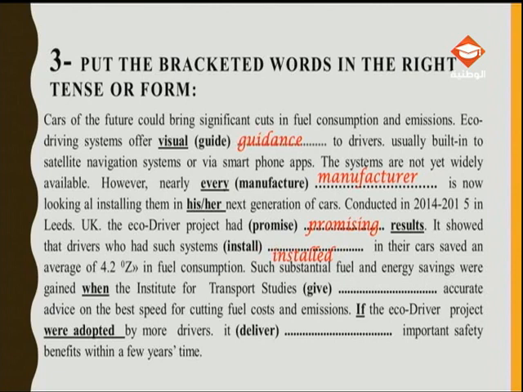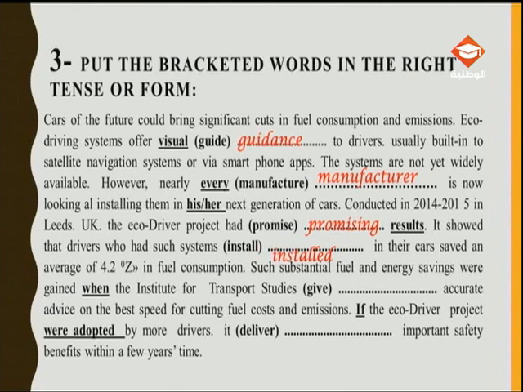Such substantial fuel and energy savings were gained when the Institute for Transport Studies had given accurate advice on the best speed for cutting fuel costs and emissions. So, what about the other keyword?